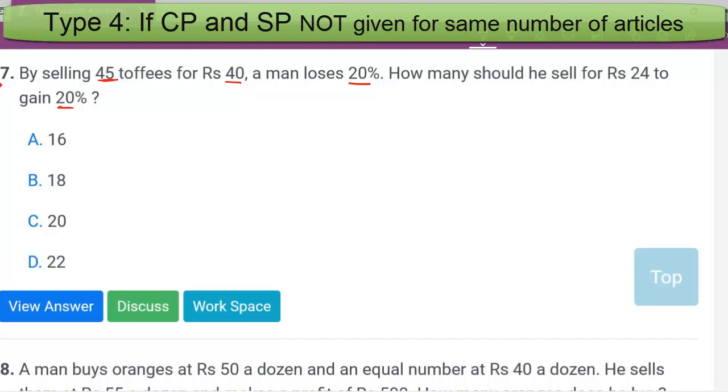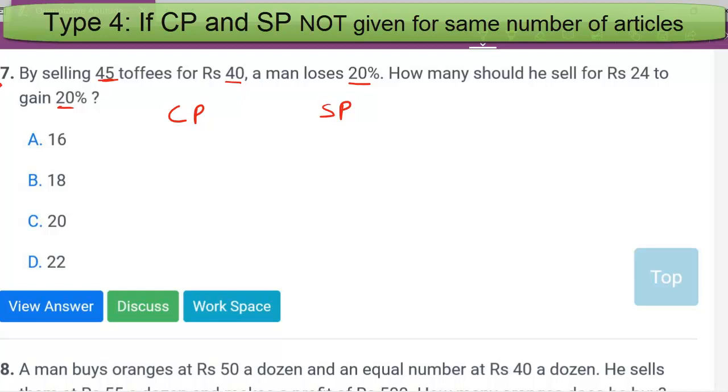So you can guess from this sentence that by selling 45 toffees for rupees 40, he is losing 20%. If you have to find the cost price and selling price, always remember that it has to be calculated per article or per kg, so the units should be the same. If you are calculating CP for one article, accordingly calculate SP also for one article.